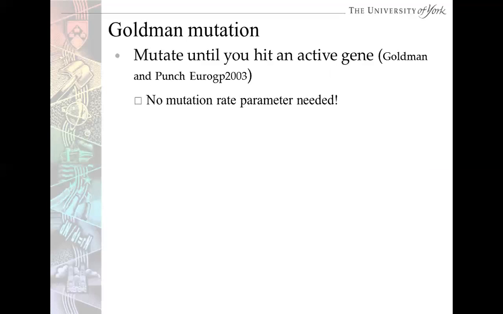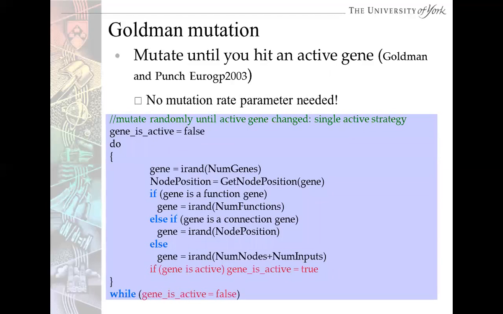So this requires very little change to the point mutation process, which we looked at in the previous slide. You can see all you need to do is detect whether the gene is active and have a loop that keeps mutating until you hit an active gene.